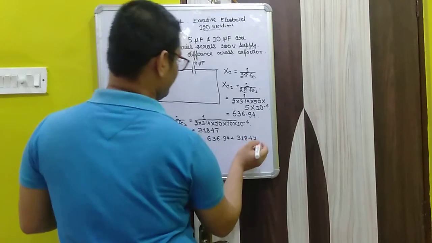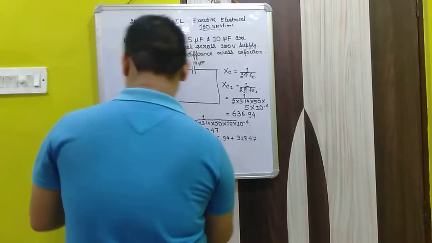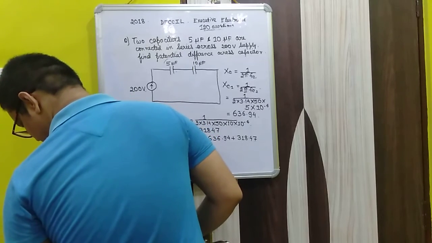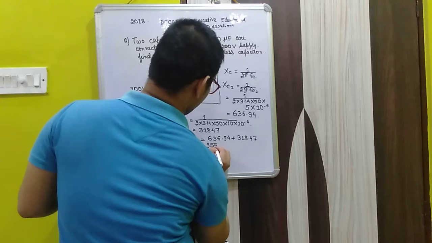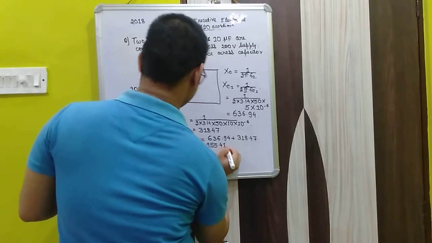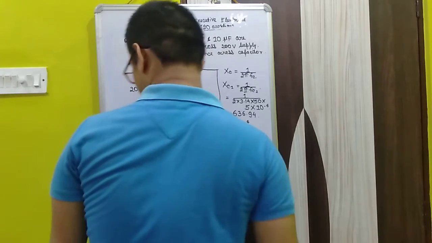If we sum up these two values, it will be 955.41. So this is the final value.